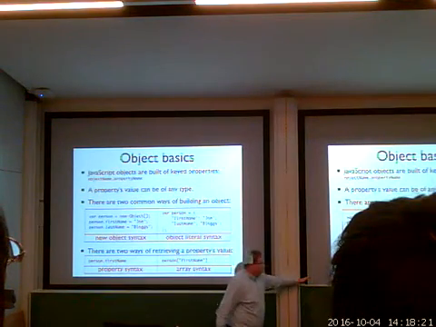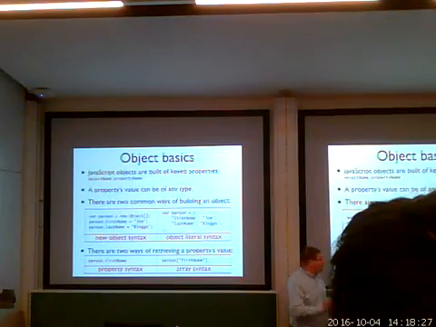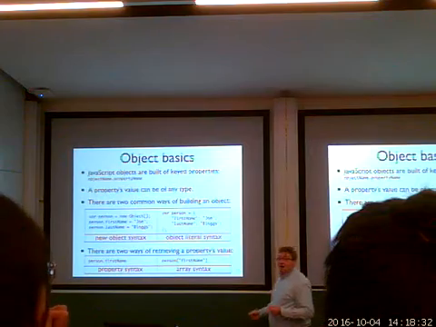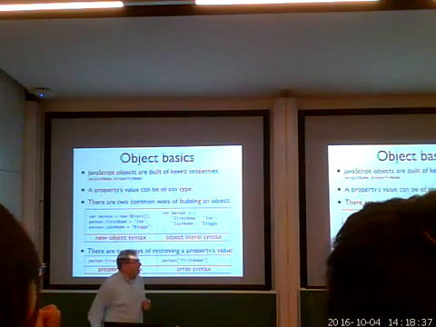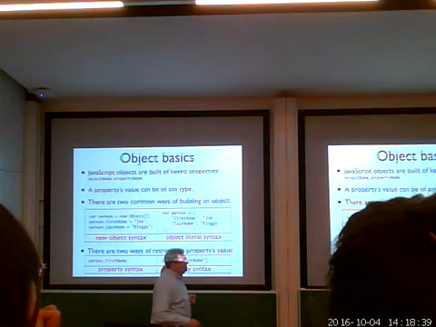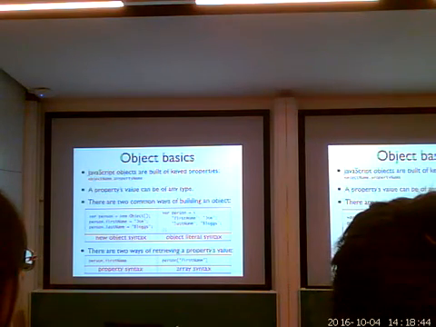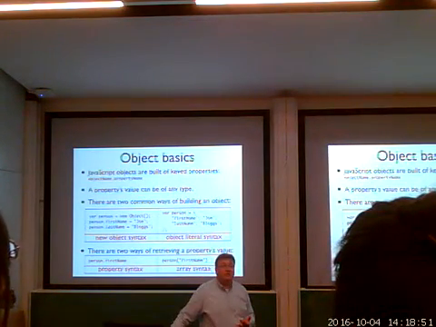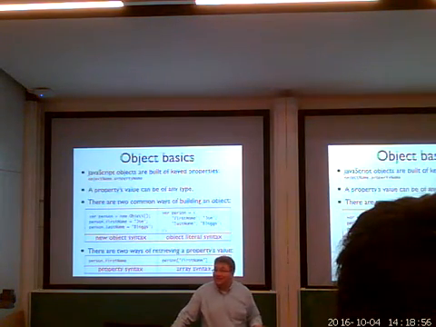I already said that you use dot syntax for getting the value of the property. You can also use square brackets, and then the property name in quotes as a string. Sometimes you have to use the latter. So you're going to run into instances in the coursework, for example, where you have to use the latter, because the word that's being used as the property name is otherwise illegal in the language.